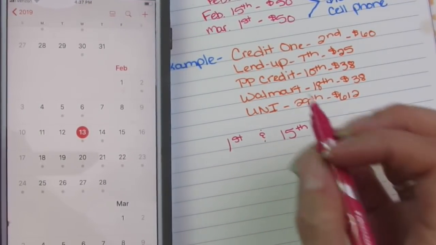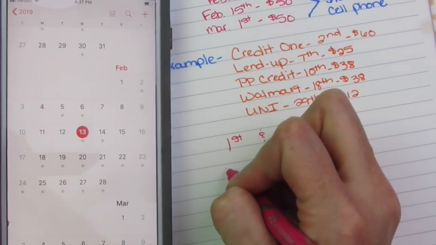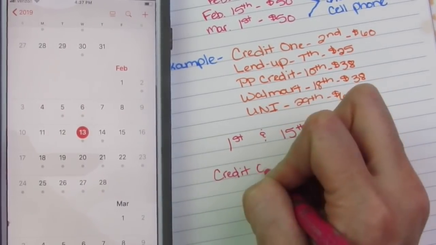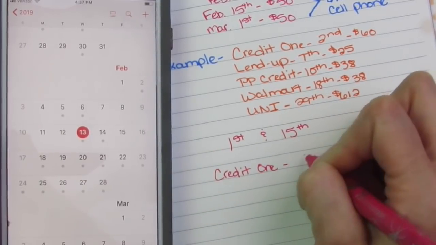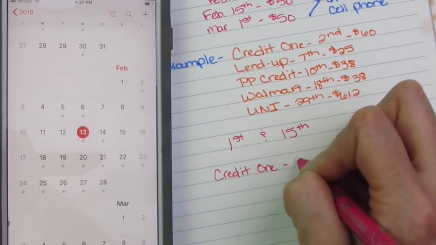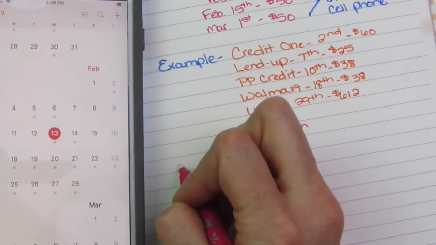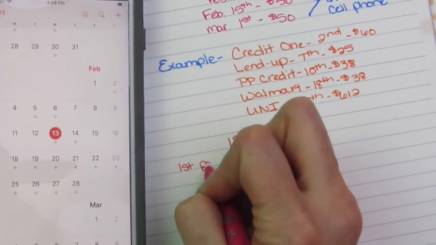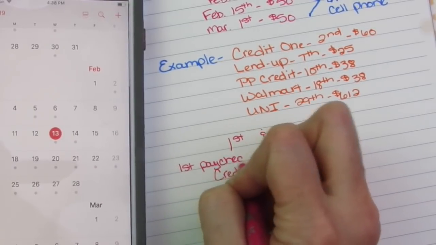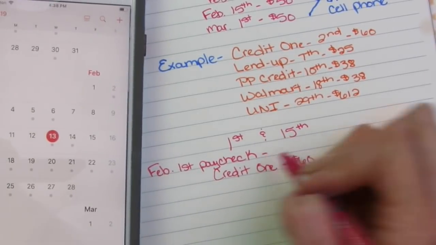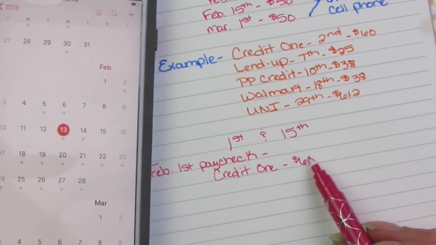So Credit 1, you're going to do the whole $60, and this is going to be on the February 1st paycheck.